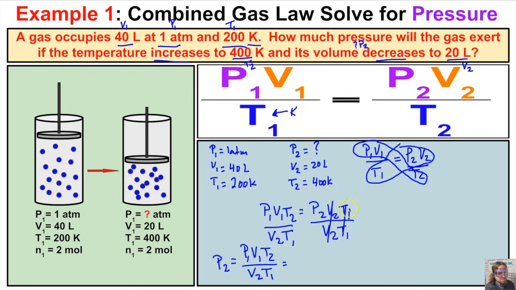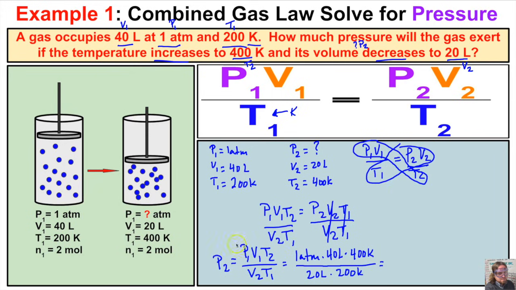Now that we've done all this algebra to isolate our variable, we can just plug these numbers in. P1 is going to be 1 atmosphere times V1, which is 40 liters, times T2, which is 400 K. Then we divide this by V2, which is 20 liters, times T1, which is 200 K.